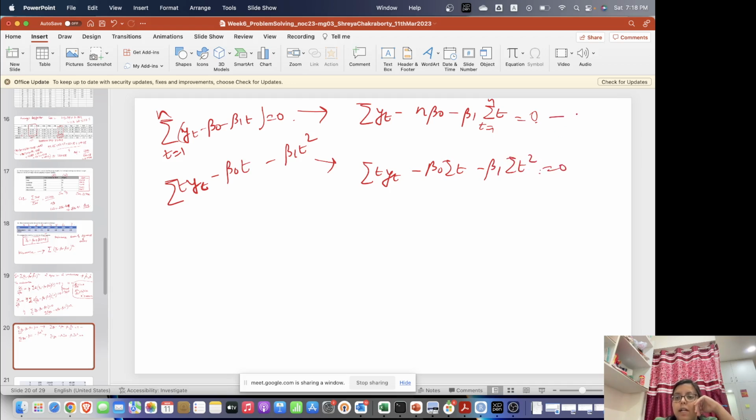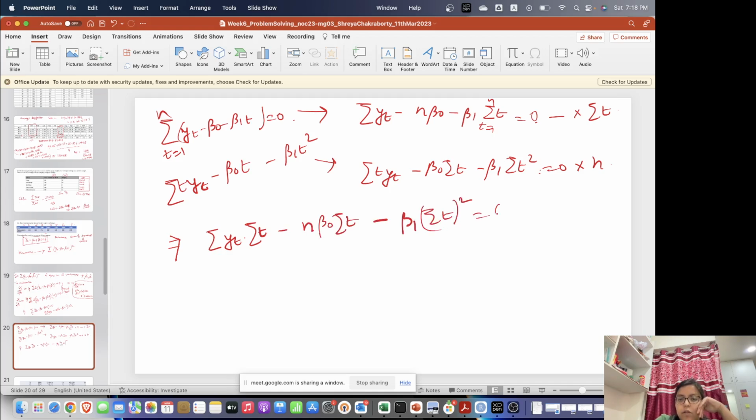Now we are going to multiply the first equation with summation t and the second equation with n. So then what are we getting? We are getting summation y_t into summation t minus n beta naught summation t minus beta 1 summation t whole square equal to 0.